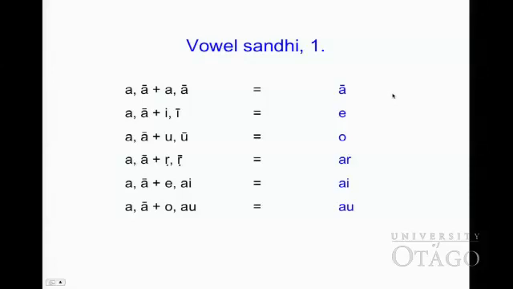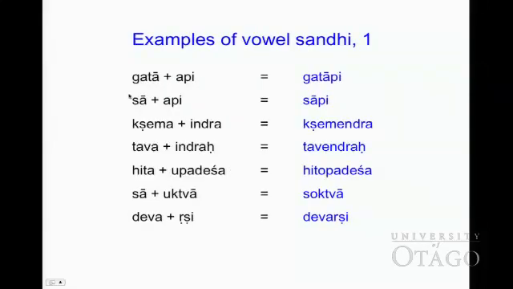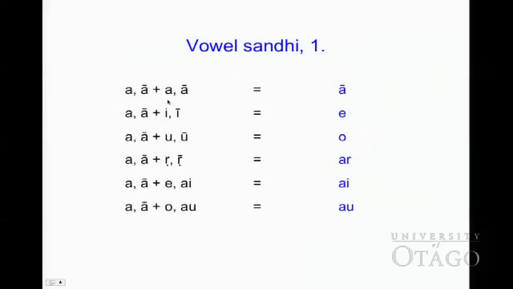Vowel sandhi rule number 1. You can see from this chart that a or long A plus a or long A will change to long A. A or long A plus i or long I will change to e. A or long A plus u or long U will change to o.